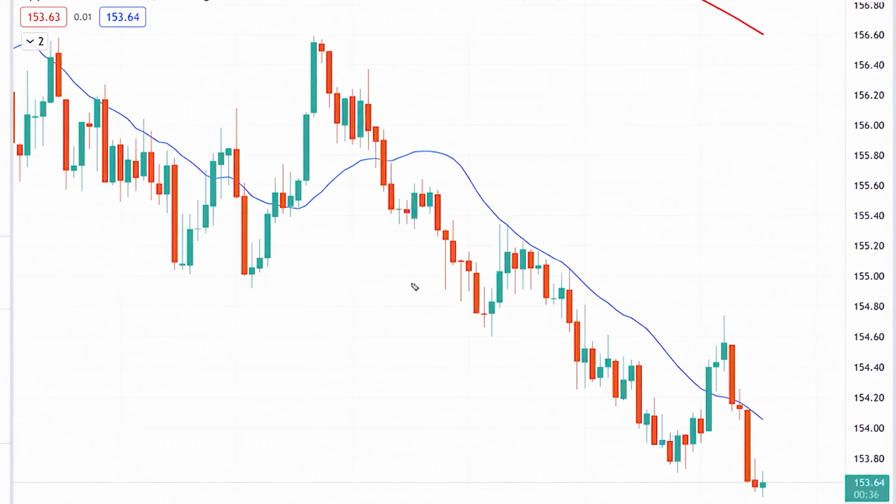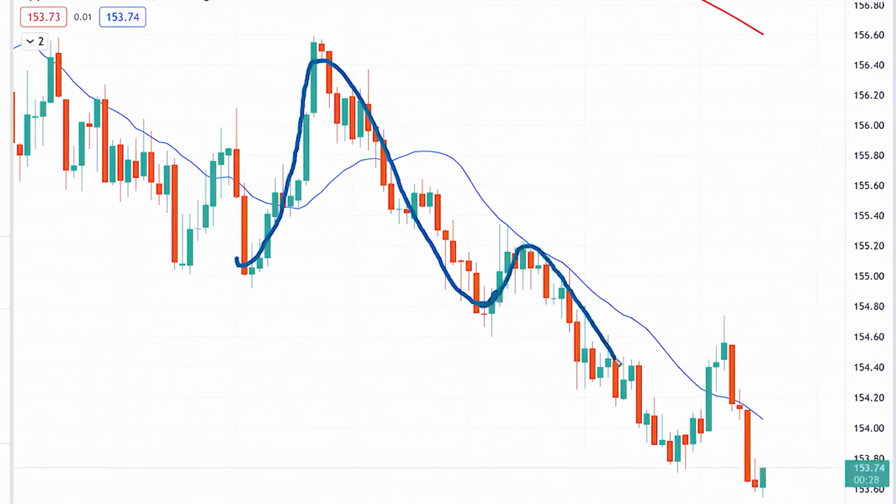So look at your down legs. Here's your up and here's your down. Here's your up and here's your down. The up legs are smaller than your down legs. Proper trading starts from cycle analysis.